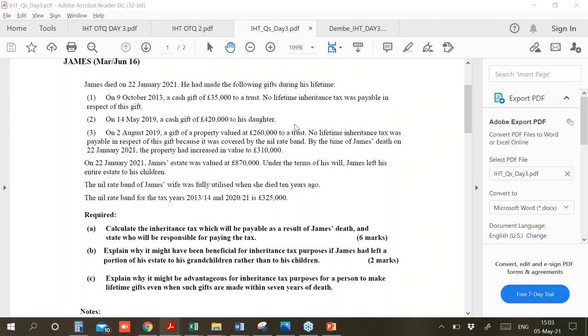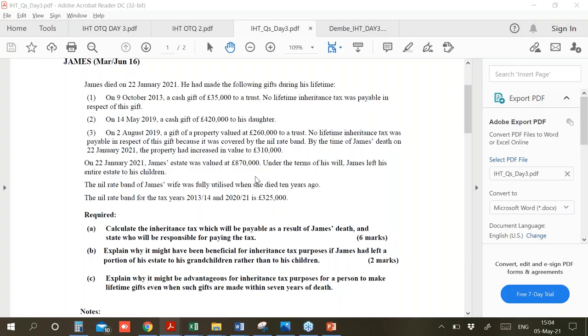The lifetime gifts or the death gifts? The lifetime gifts always come first. They are entitled to the nil rate band first, and then if there is some nil rate band left, only that can be entitled to the death estate.